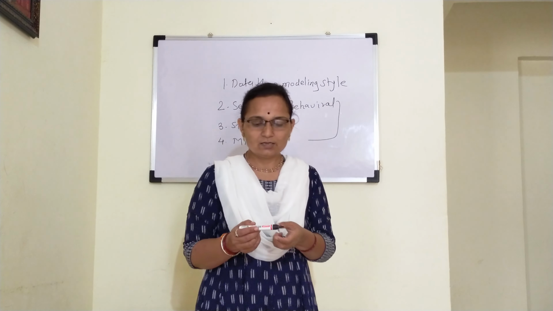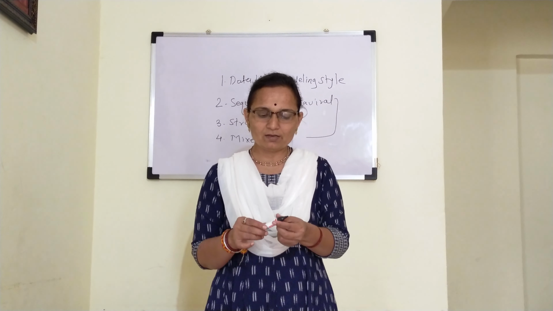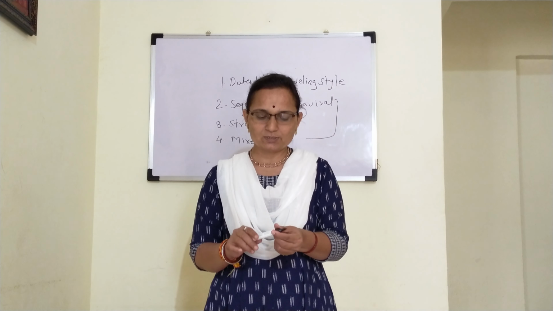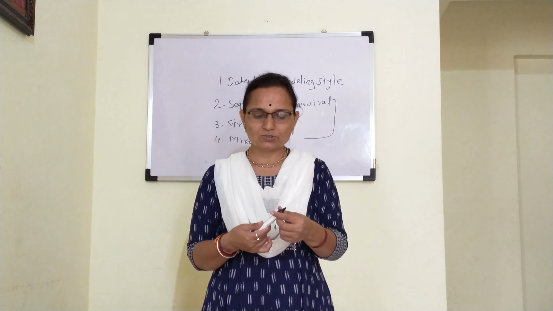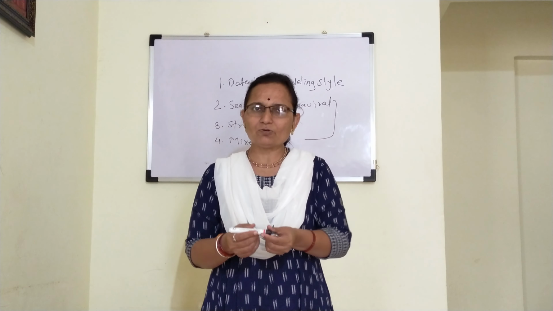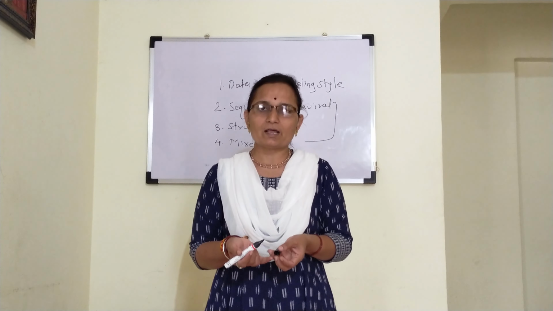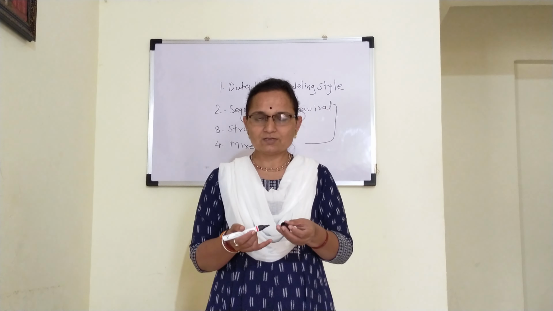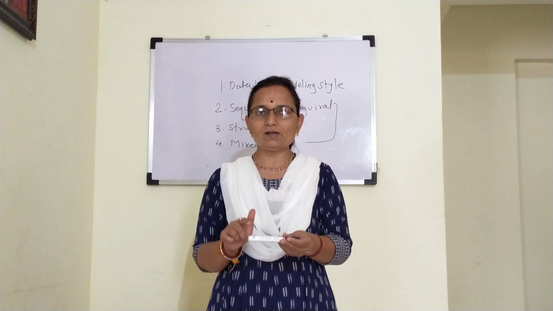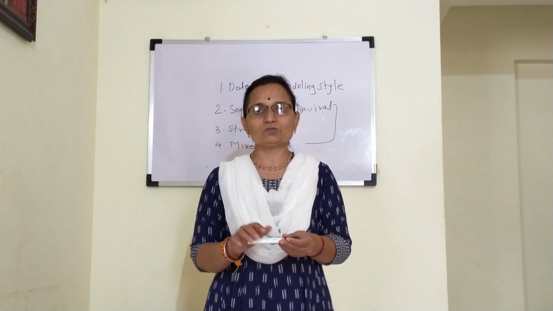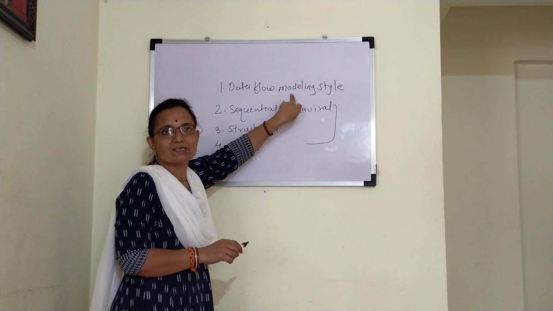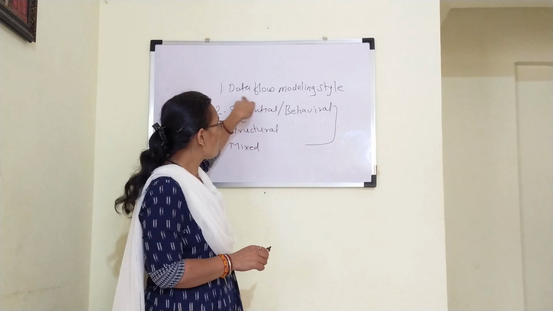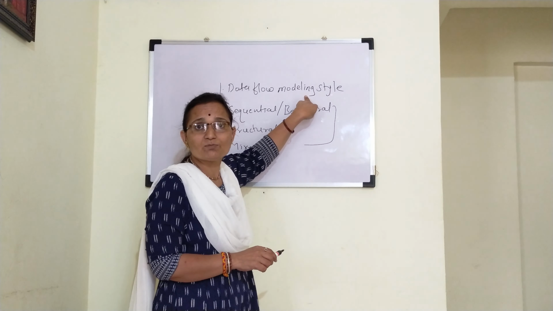And when we disassemble it, that is, we segregate the parts of the marker, suppose this is your top and this is your ink and everything, from that you can understand the structure of the marker. You know the structure of a pen is different. That's why the internal flow of data will decide whether it is a marker or not. So this is nothing but your data flow modeling style. It uses the internal flow of data in your system. This is called the data flow modeling style or concurrent modeling style.